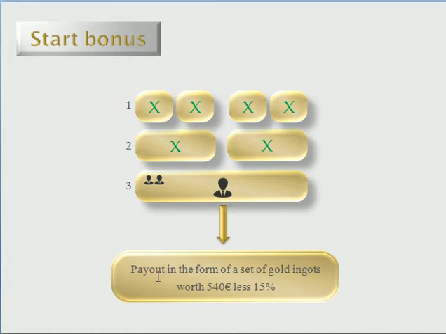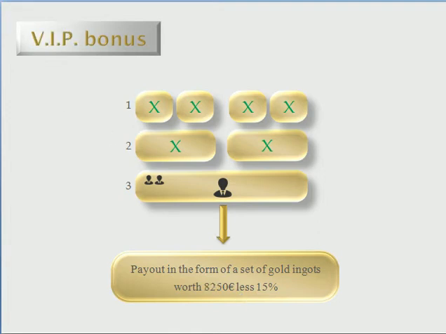So you need to collect those gold bars, because if you do not qualify, you lose out this particular bonus here. If you decide to join the basic order, which is the next level order, once you fulfill the requirement and you get to the bottom and complete your cycle, you get 2,100 euro worth of gold, also less 15%.